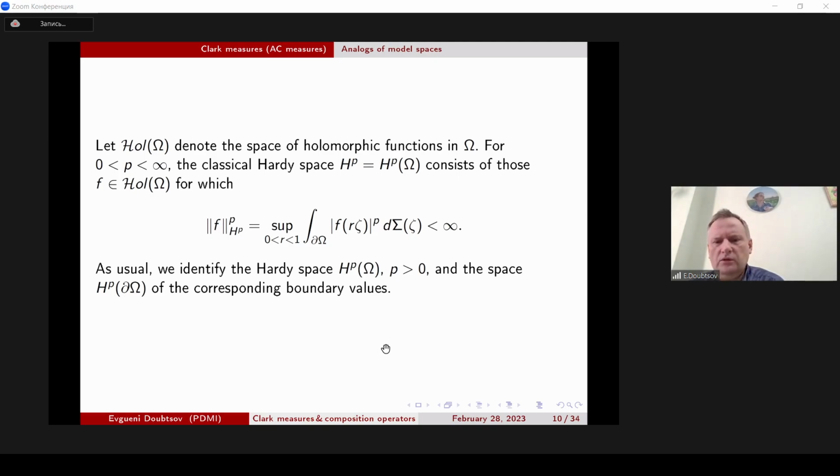Also it is known that, and we use this fact to identify this Hardy space HP of omega in general for p greater than 0, less than infinity. For H infinity, this is the space of bounded holomorphic functions in omega. And we identify this space and the space HP of d omega on the boundary. This is the space of the corresponding boundary values. Well, they do exist. This is a known fact of this theory.